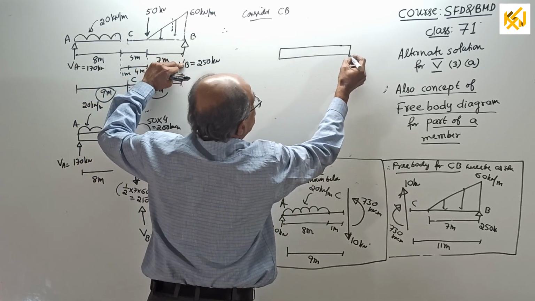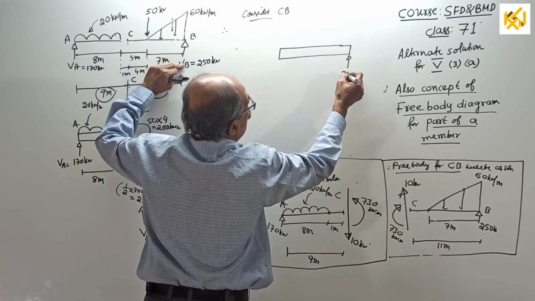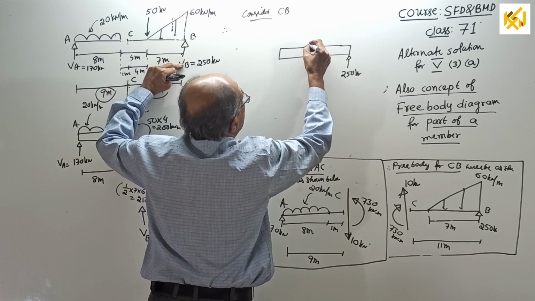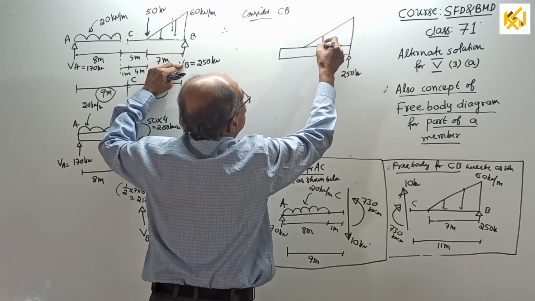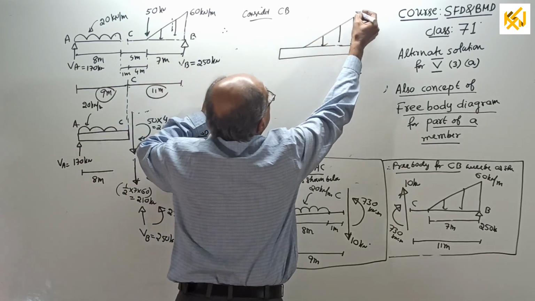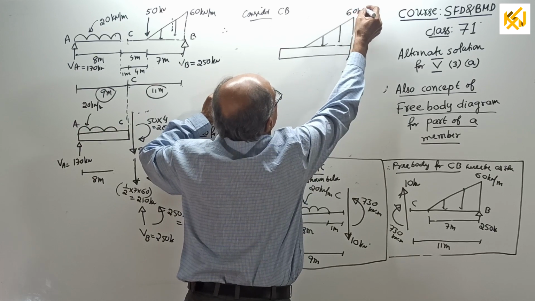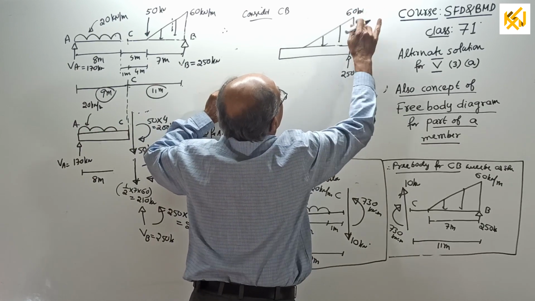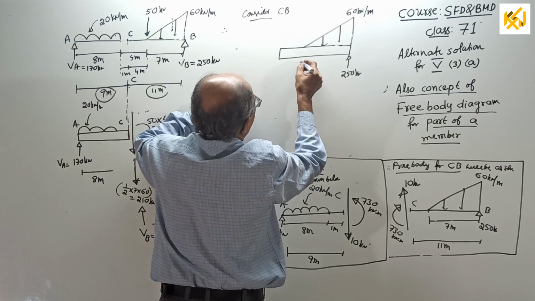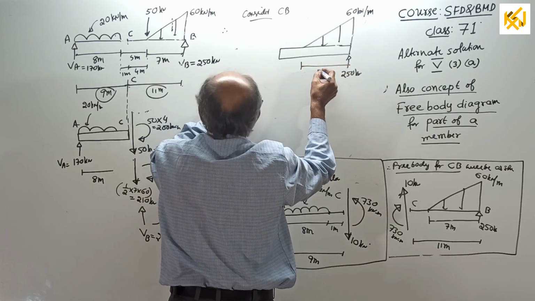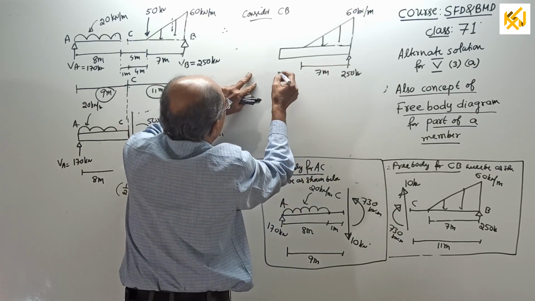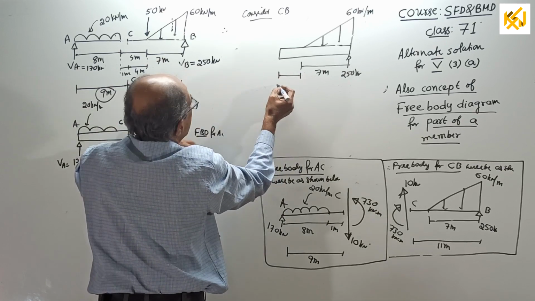There is a reaction upwards of 250 kilonewton. No, VB are not required. A load this way of 60 kilonewton per meter. Sorry, kilonewton per meter, not couple, kilonewton per meter. See, I told you, suddenly changed. Why? That is because I can make out it's a UVL. Okay, then this gap is 4 meter.